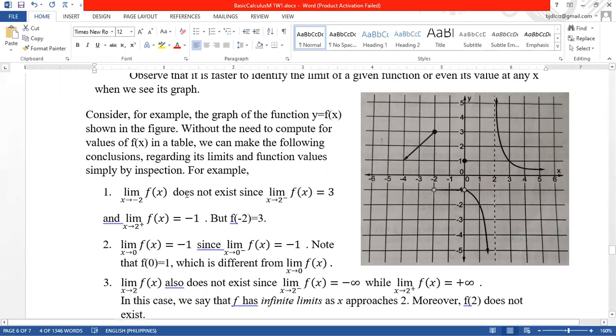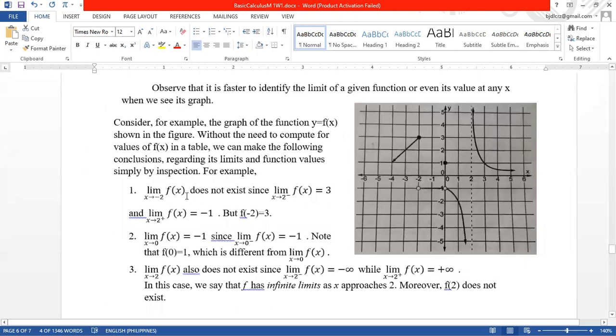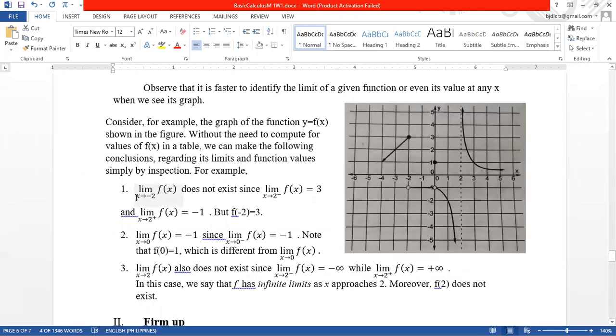For example, the limit of f of x as x approaches negative 2 does not exist since the limit as x approaches negative 2 from the left is equal to 3, and the limit as x approaches negative 2 from the right is equal to negative 1. But f of negative 2 is equal to 3.